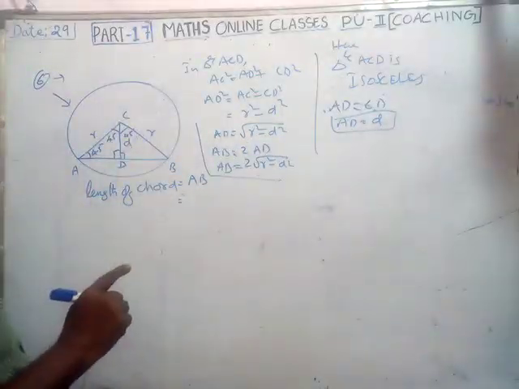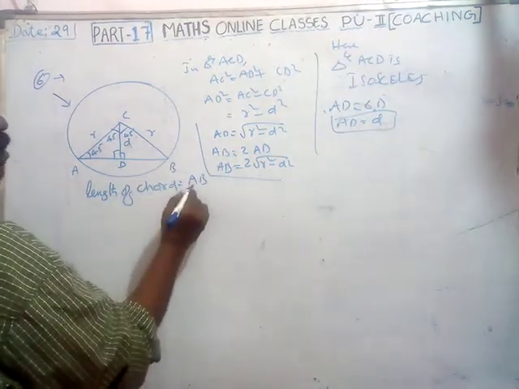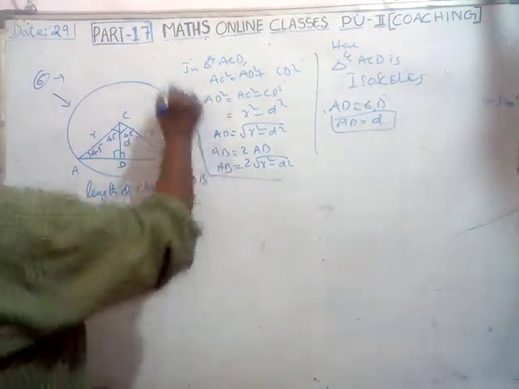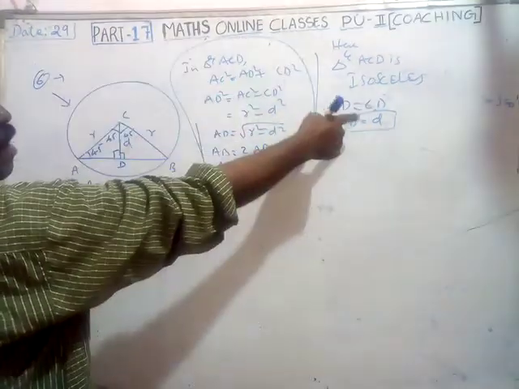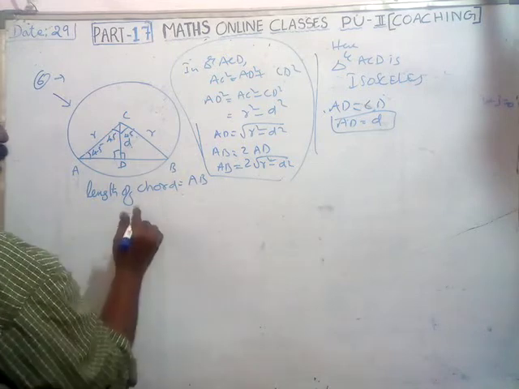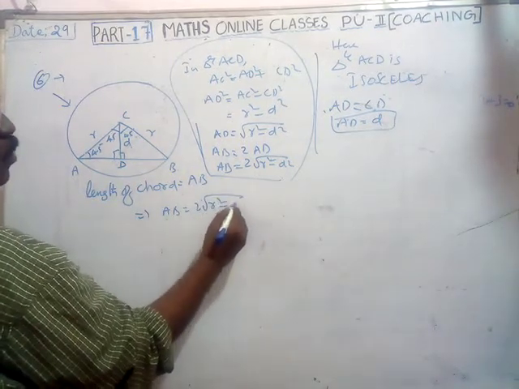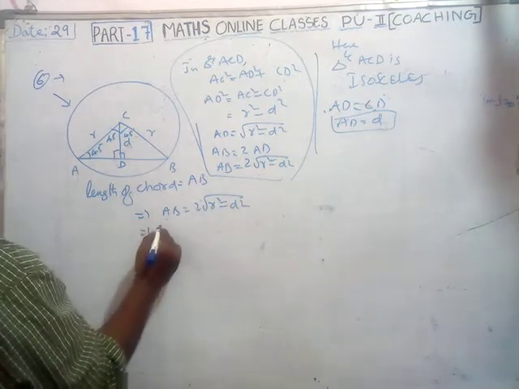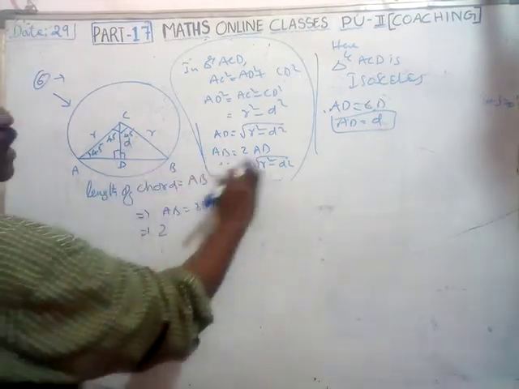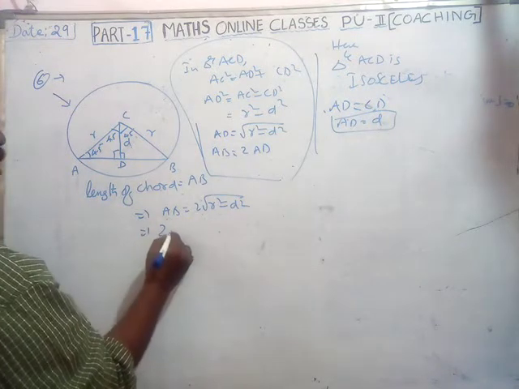Please remember. Now we will see what AB is by this term. It is general, according to the problem. AB is equal to 2 root R square minus D square. AB means, up to this one you take it, it is 2 AD.